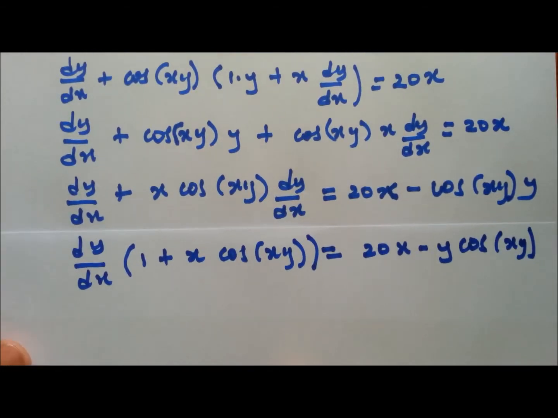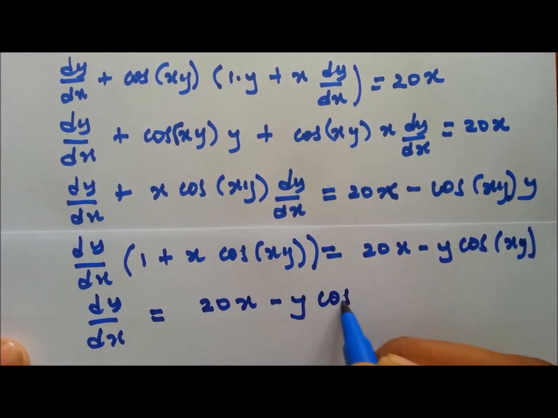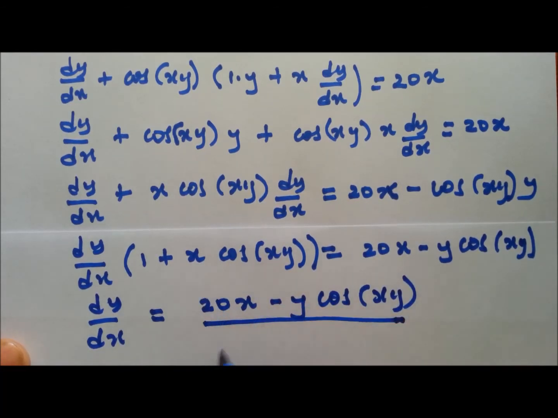Then I just divide by 1 plus x cos of xy on both sides to get my dy over dx. Therefore dy over dx is equal to 20x minus y cos of xy divided by 1 plus x cos of xy. So this is the solution to this particular problem.